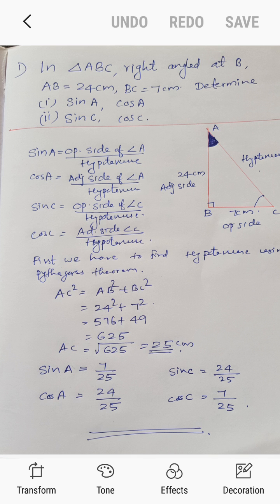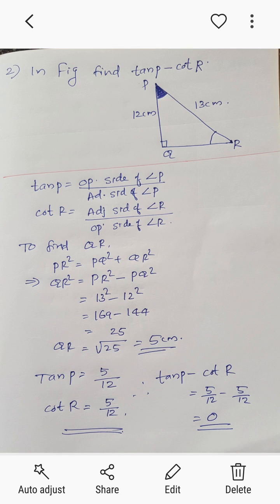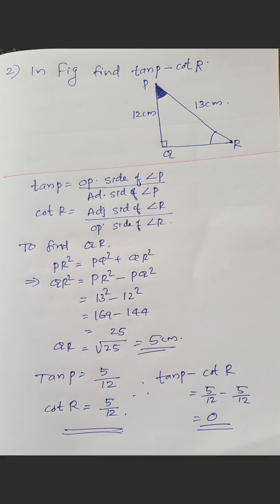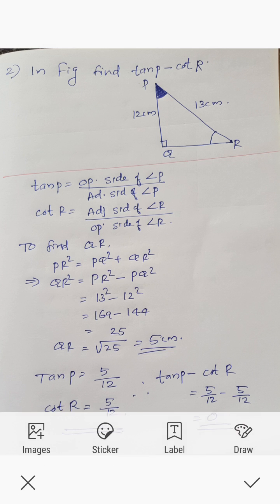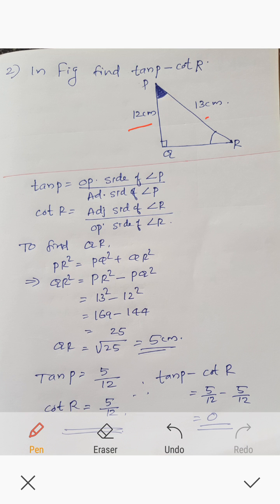Next problem. Question number 2. In the figure, find tan P minus cot R. Very simple question. Figure, right triangle PQR. Triangle PQR is right angled at Q. PQ is 12 cm given and PR is 13 cm. It is given.